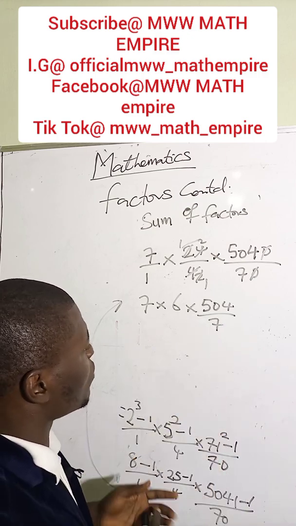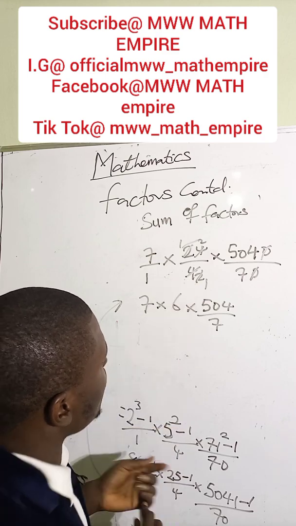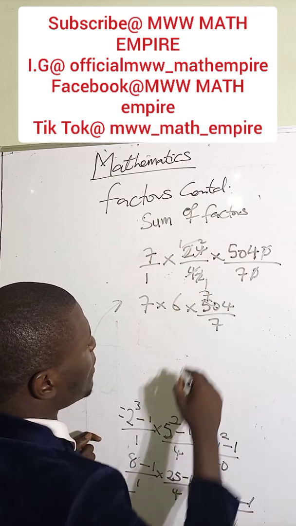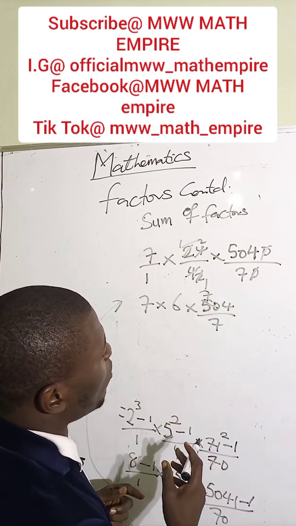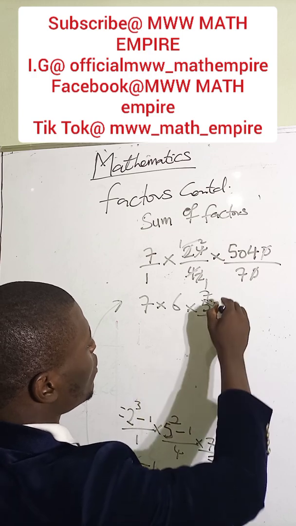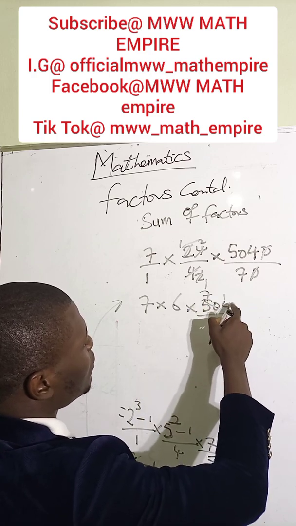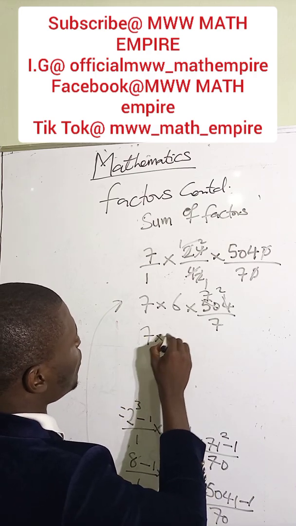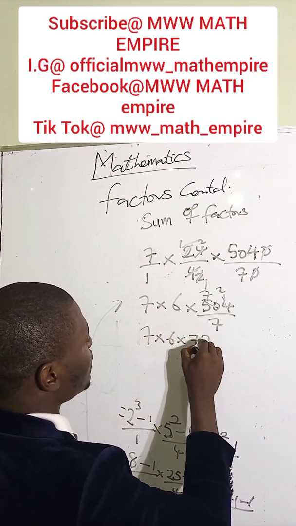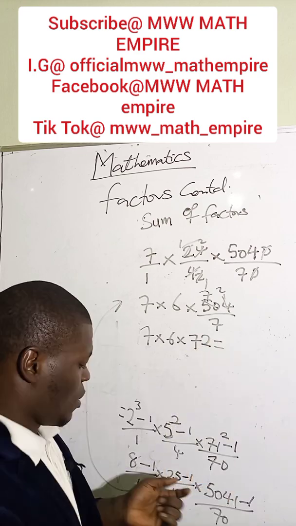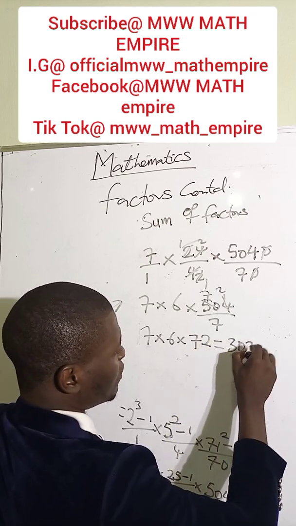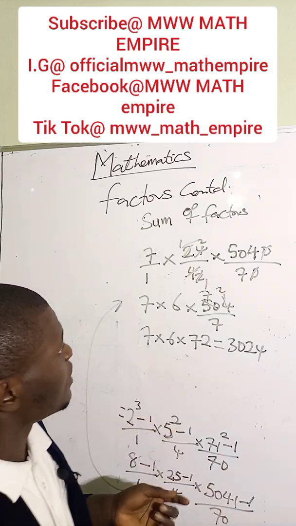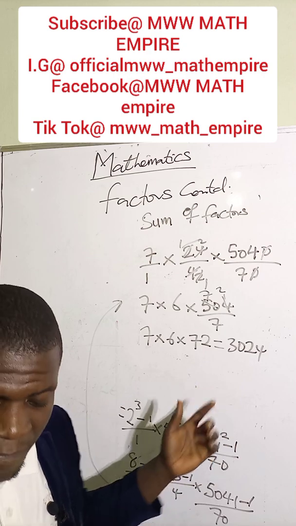When 7 goes into 50, we have 7 here. Carry 1, put it here. 7 into 14, we will have 72. So we will have 7 multiplied by 6 times 72. This will give us 3024 as the answer. Now, this is the answer for the sum of factors.